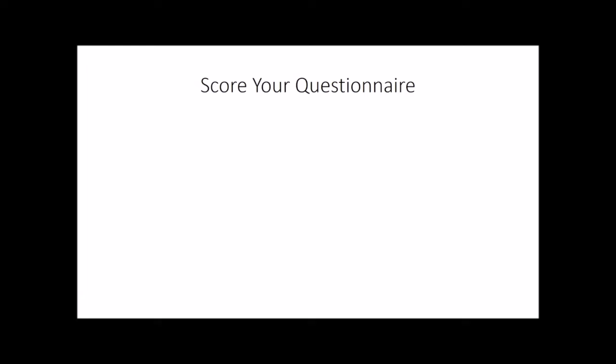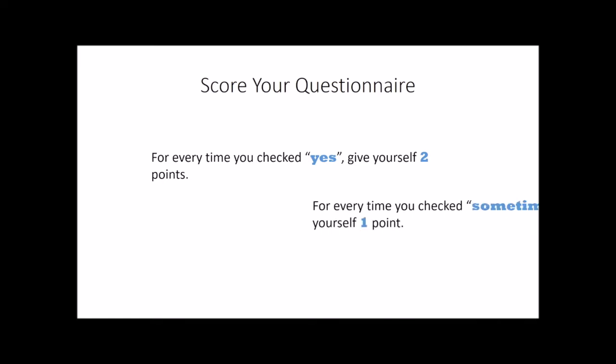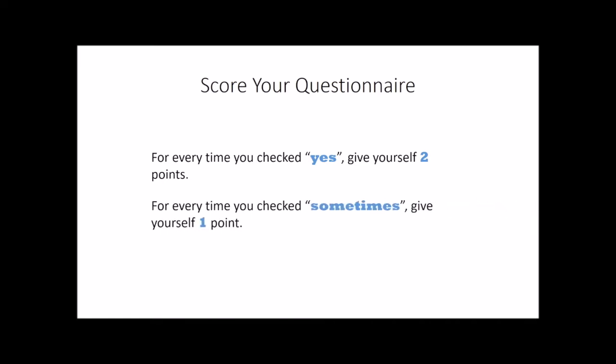Now that you have your questionnaire complete, let's score your questionnaire. For every time you check yes, give yourself 2 points. For every time you checked sometimes, give yourself 1 point.